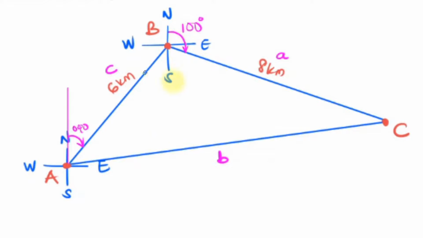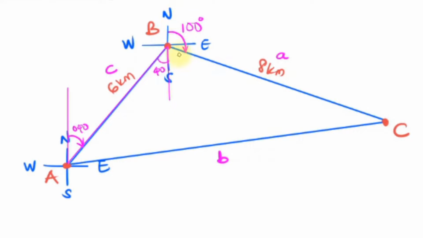Looking at the point B, this is our sure bet, because already we have this as 40. And by reason of the rules of parallel lines, that 40, if you come here and also come down, this is also 40, as alternate to this 40 that was the bearing of B from A. Then from north to south is 180 degrees, but already we have the inclination of C from B to be 100.